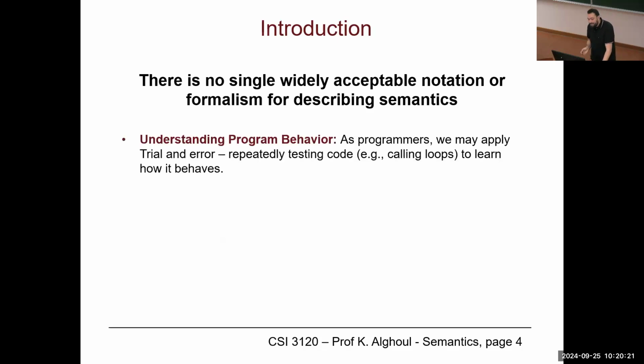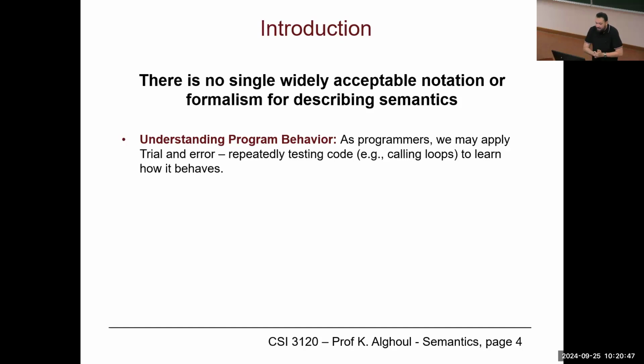If we want to understand program behavior as programmers, we may apply trial and error. If you want to understand a for loop in a new language and you don't have a manual, you're going to start doing trial and error. Let me try this, let me do that, and see how it works.